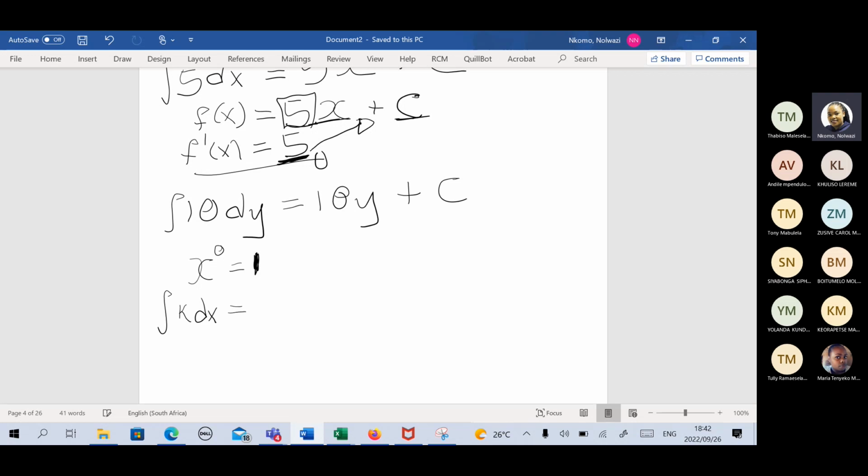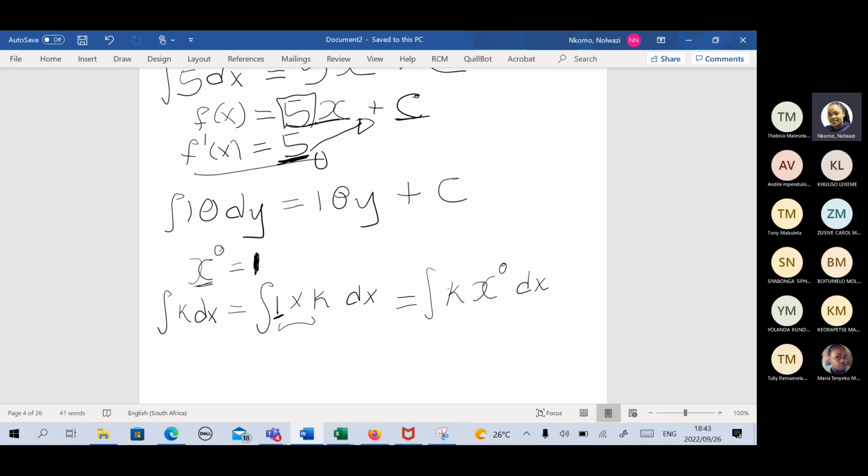This is the same thing as the integral of 1 times k with respect to x. Remember, anything multiplied by 1 gives that same thing, so k times 1 is still k. And again, x to the power 0 is equal to 1, meaning where there is x, we can substitute x to the power 0, and we will have k times x to the power 0, and we still have this dx.